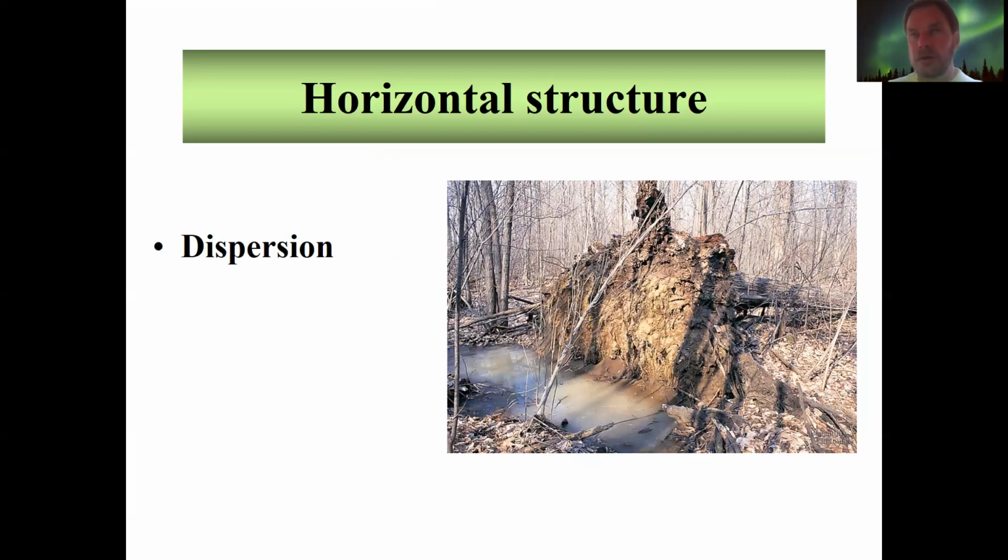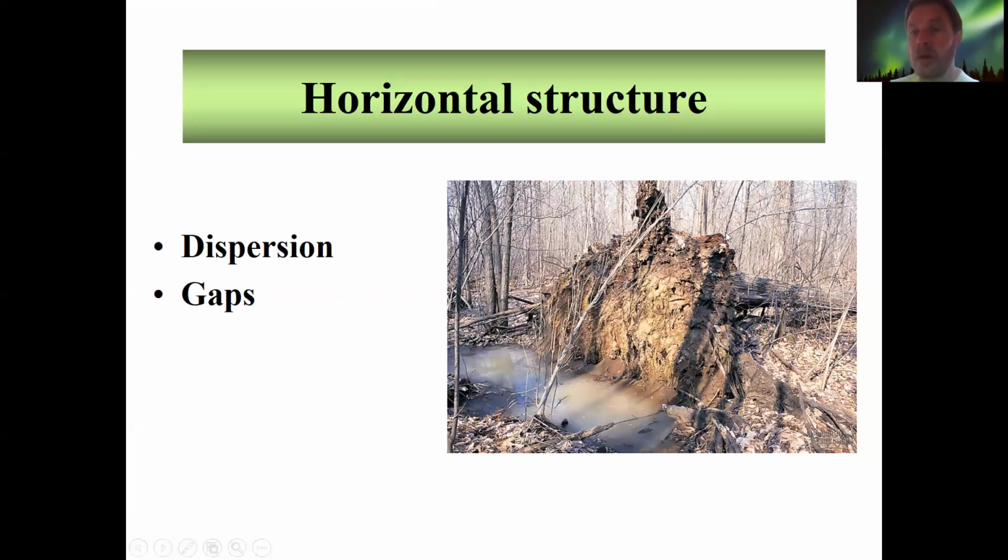Horizontal structure includes how dispersed the different microhabitats are within the community. When a tree falls, it creates a gap. And what that does, it opens a hole in the canopy, which increases horizontal structure. There's more variability as you walk through.